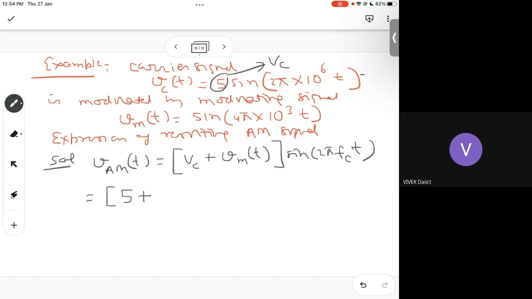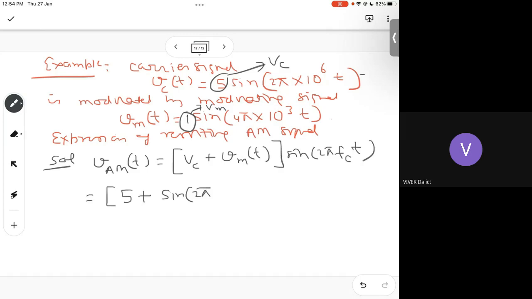This I could write as 1, which is nothing. It is VM. So in this case, it becomes sine 2 pi FM t. 2 pi FM t.